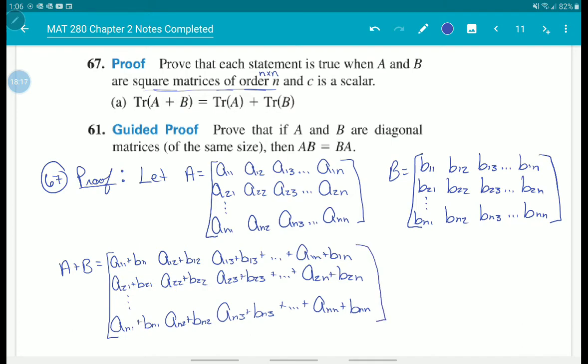So there's what our sum would look like, and that's based on the definitions of what we chose A and B to look like.